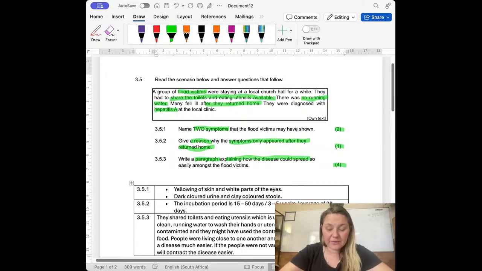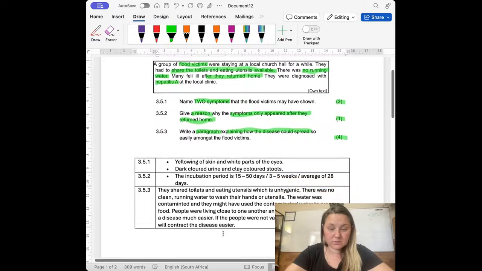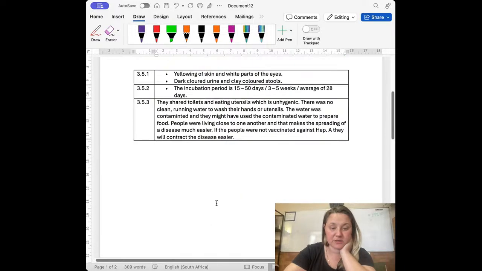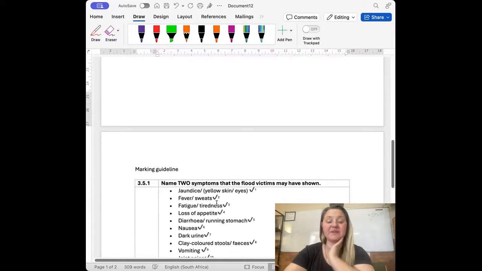Okay, so I think I have at least 4 ways of this disease being transmitted. Let's go and see what our marking guidelines actually said. So for number 351, the symptoms.